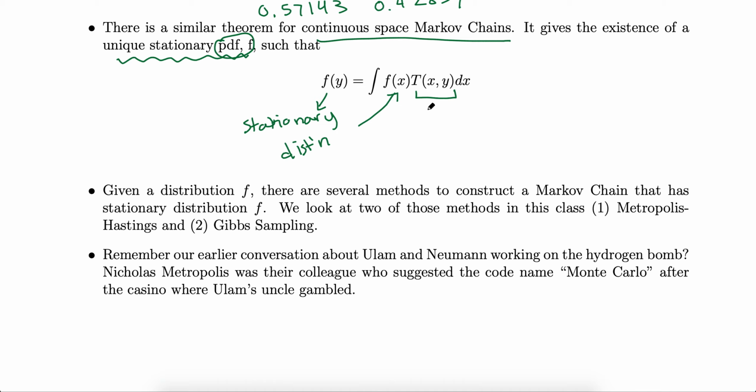But here, think of this as a transition density. It's a distribution that tells us the probability of starting in some value in set X and moving to some value in set Y. And we have the property that the integral of T(x, y) over the y's should be 1.